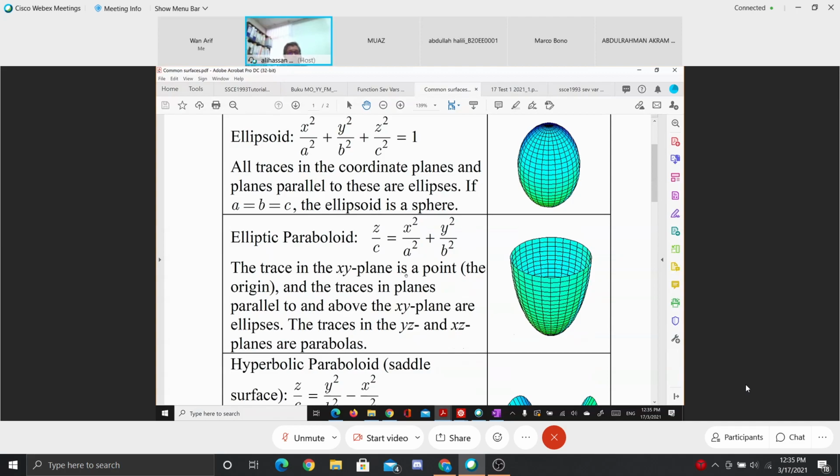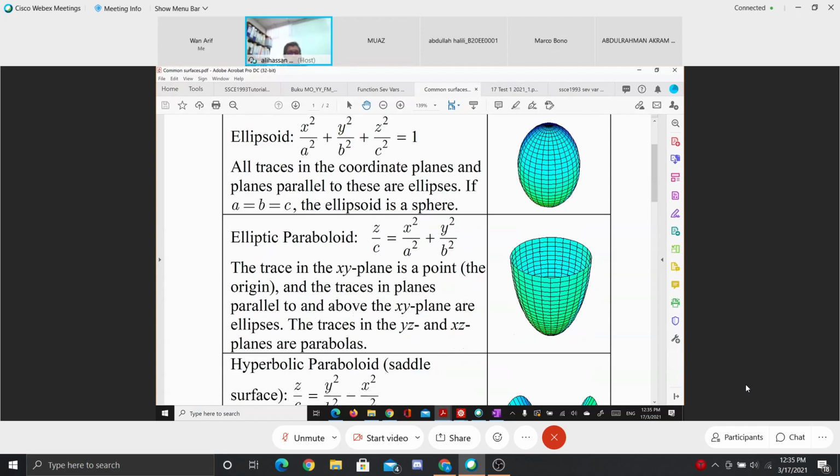The trace in the xy plane is a point when z is 0, so x equal to 0, y equal to 0 is a point, the origin. The traces in the vertical planes are parabolas.